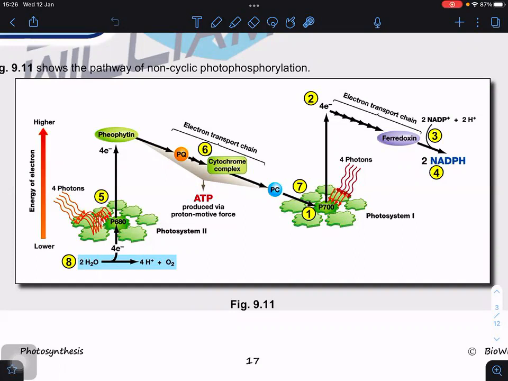Basically, these P700s receive the light energy, or the light energy can be received by the accessory pigment. This energy passes to the P700 reaction center. Once they gather sufficient energy, photo-excitation of the electron takes place. Are you clear?